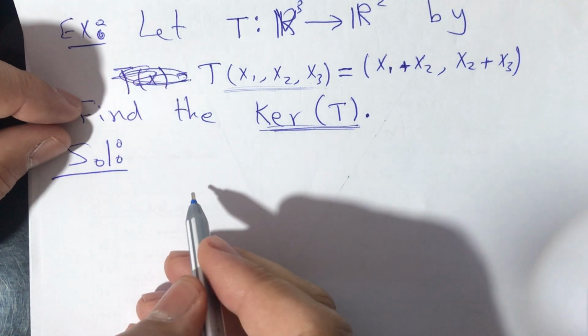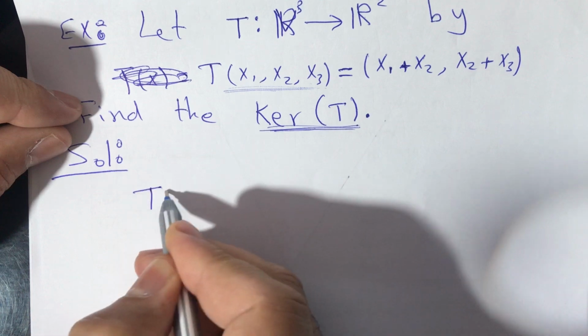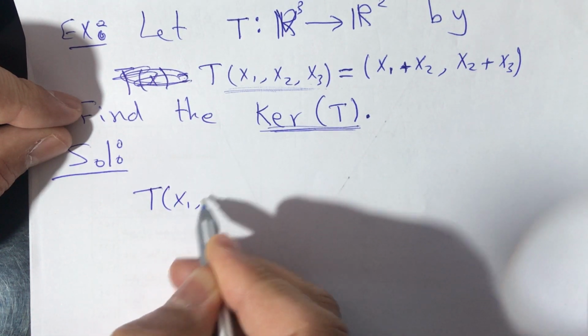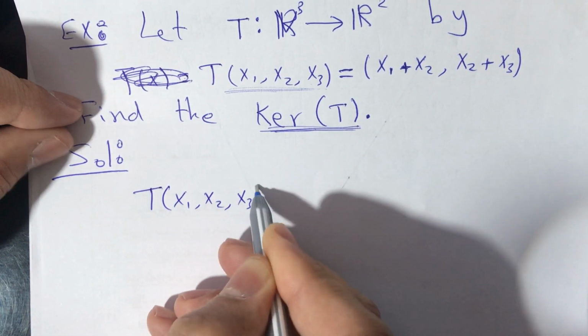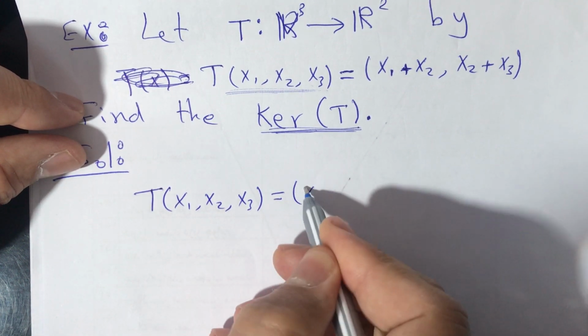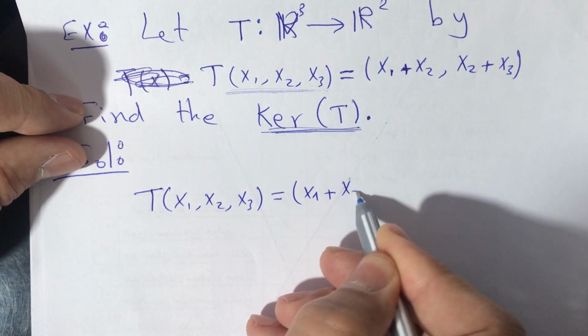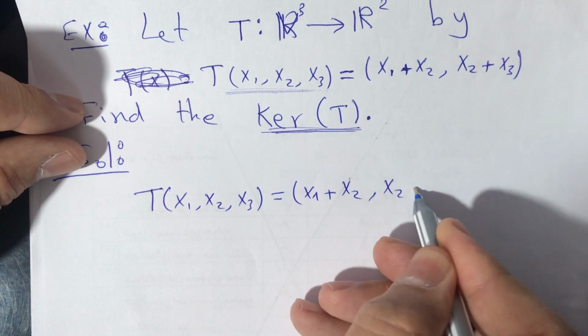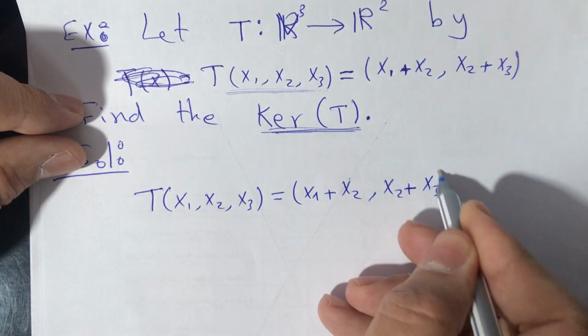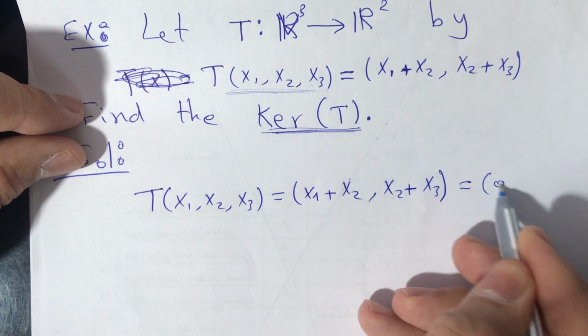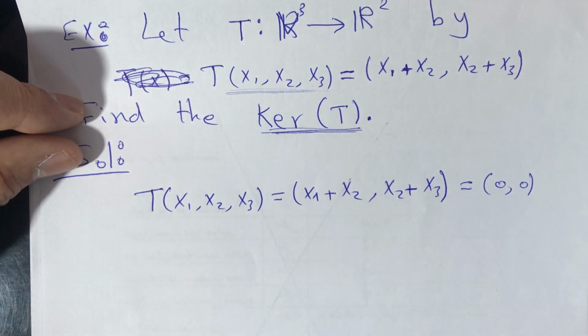Now we take T of (X1, X2, X3) equal to (X1 plus X2, X2 plus X3), and make this equal to (0, 0).